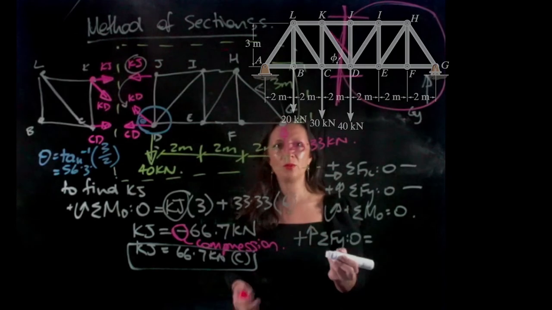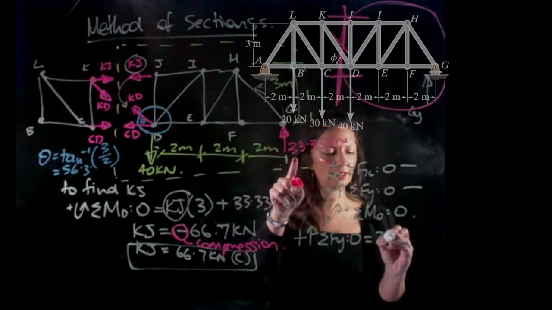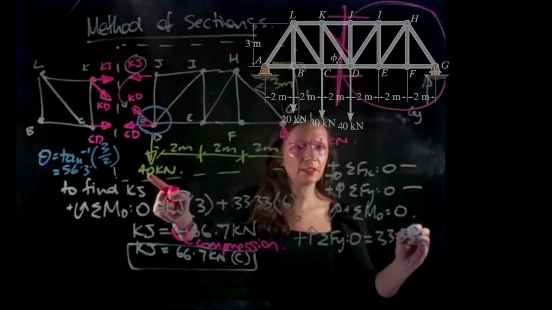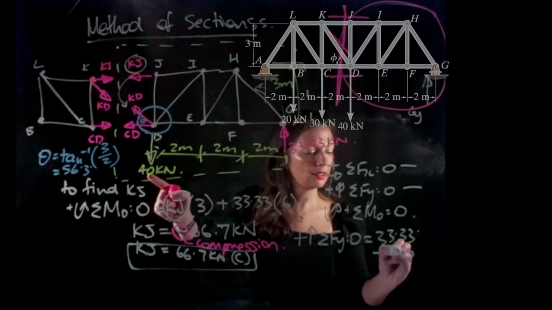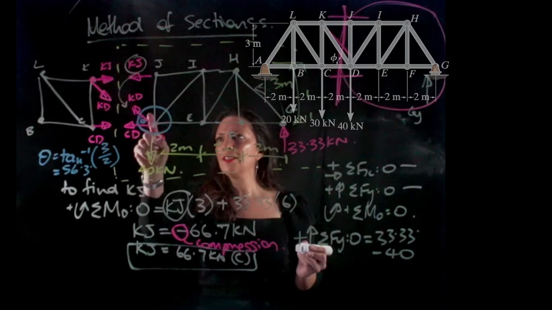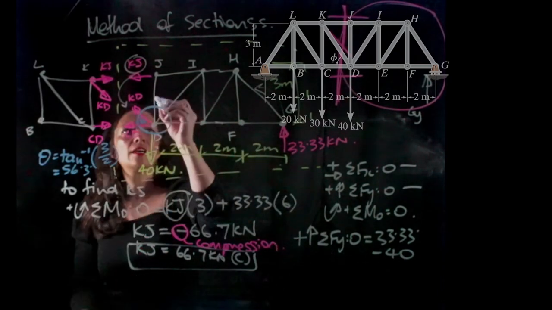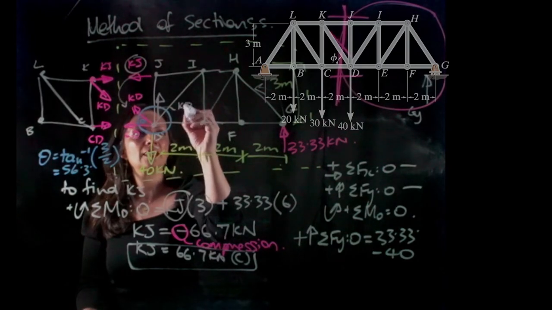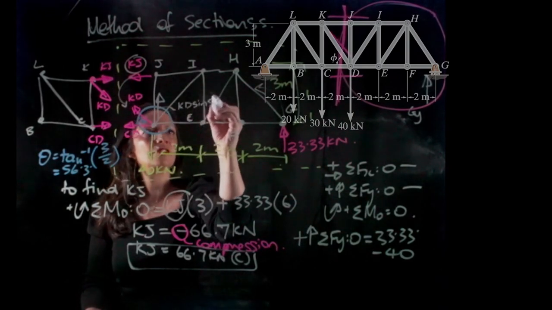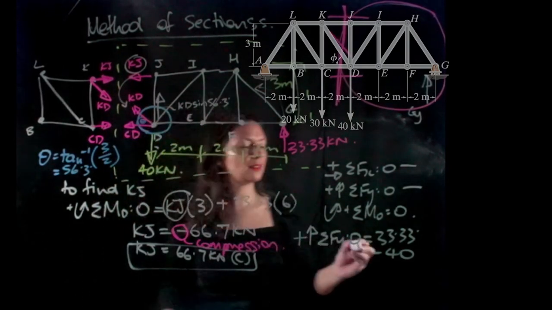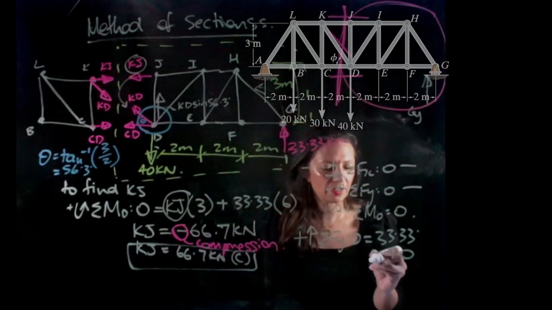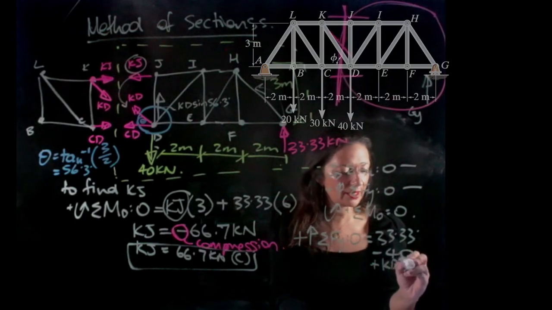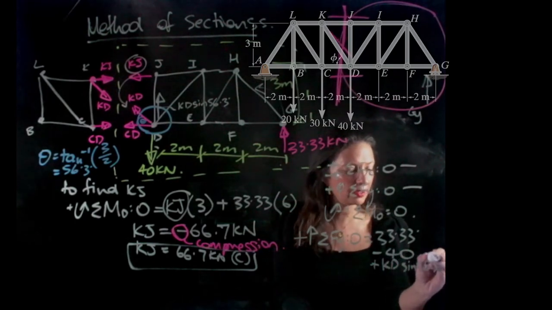And what do we have in the y? We have 33.33, that's positive, minus 40 kilonewtons, and we have the y component of KD, so KD sine 56.3 degrees, and that's going positive, so plus KD sine 56.3 degrees.